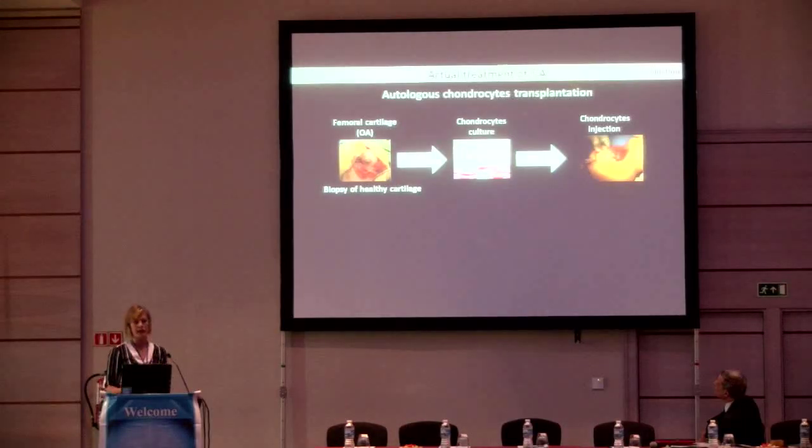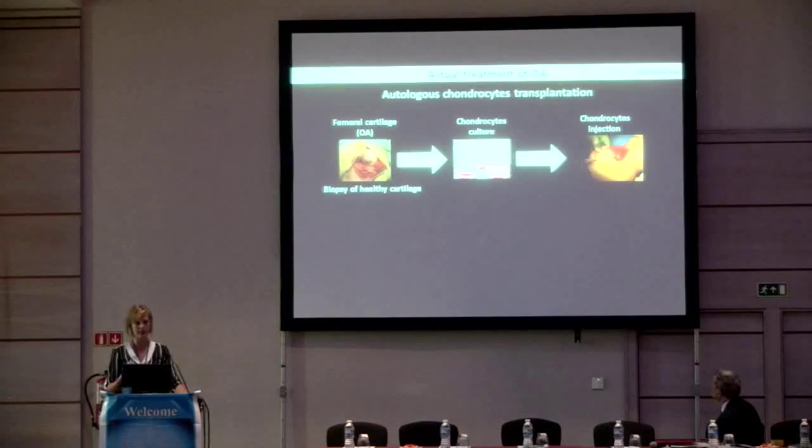Today we have many different treatments, but now I'm going to present the latest one, named autologous chondrocyte transplantation. Autologous chondrocyte transplantation is based on a biopsy of the preserved, normal cartilage from the osteoarthritic joint. As you know, when osteoarthritis affects the joint, it doesn't affect the whole joint completely. Some little areas, mostly non-weight-bearing areas, stay preserved.